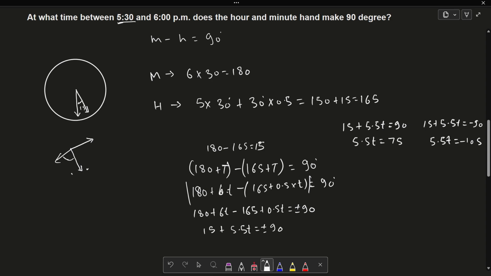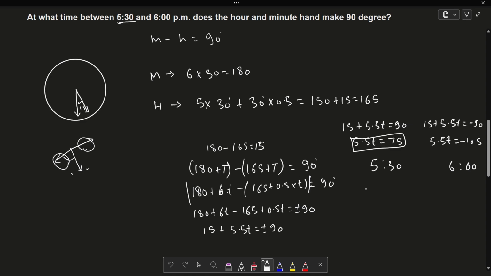So for t you have two answers, representing this side and this side. So you have to add that time, which will give you an answer between 5:30 and 6, okay. So I think you will get the answer from here.